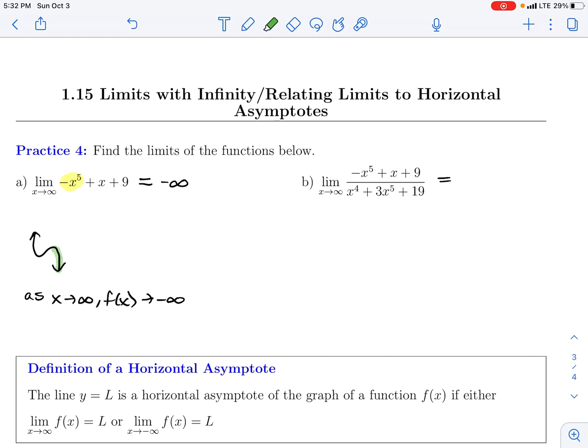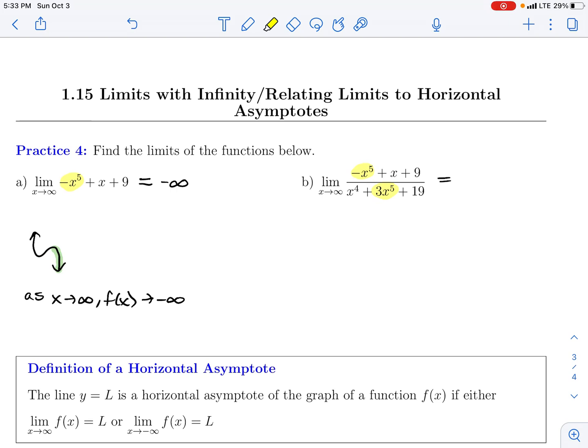So looking at this, you want to find the terms that have the highest degrees. The highest degree in the numerator is 5, and so is the highest degree in the denominator. So the numerator and denominator have the same degrees here. I'm looking at these two terms, negative x to the fifth and 3x to the fifth.